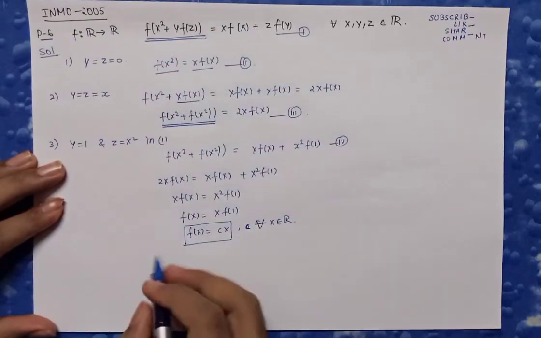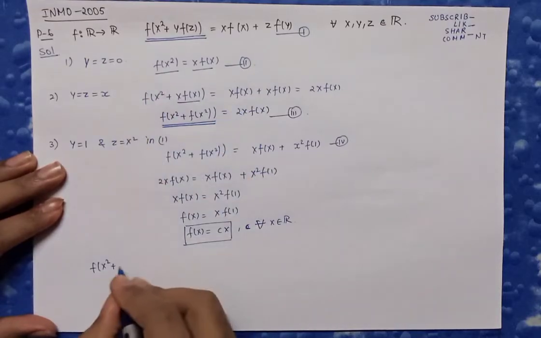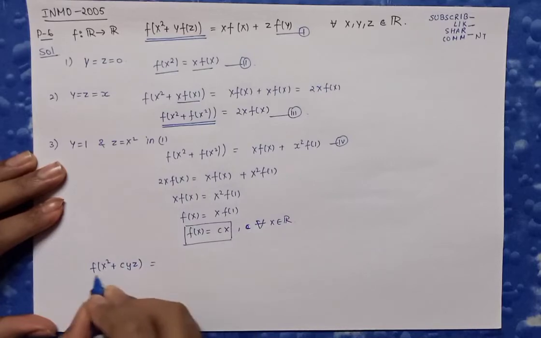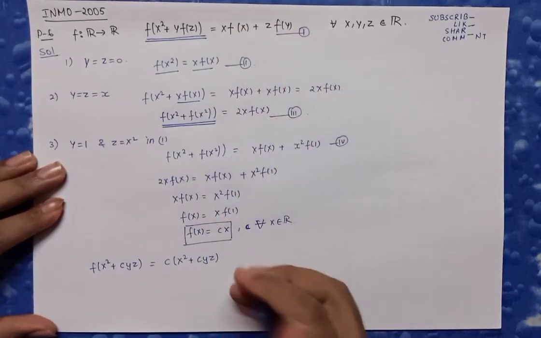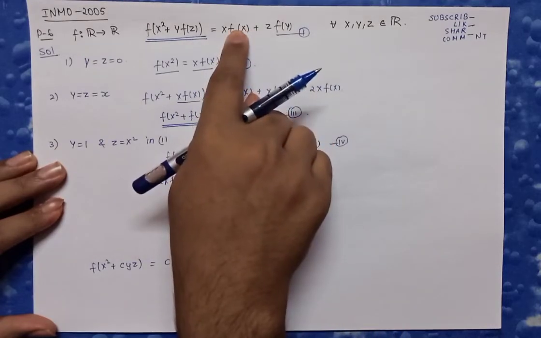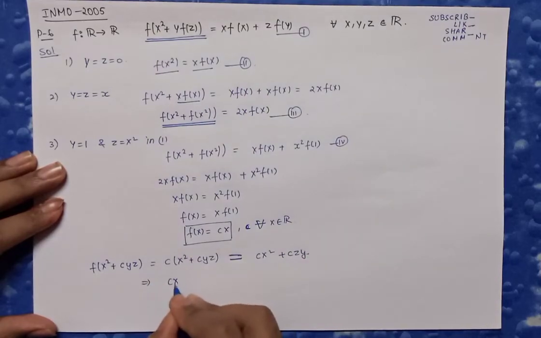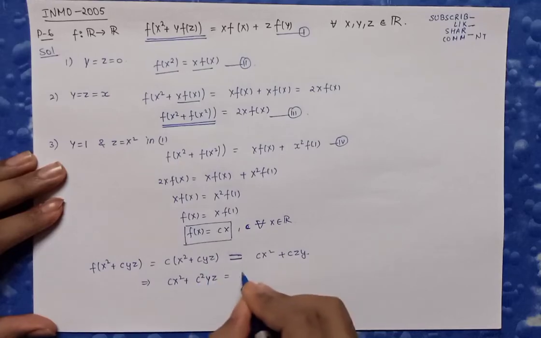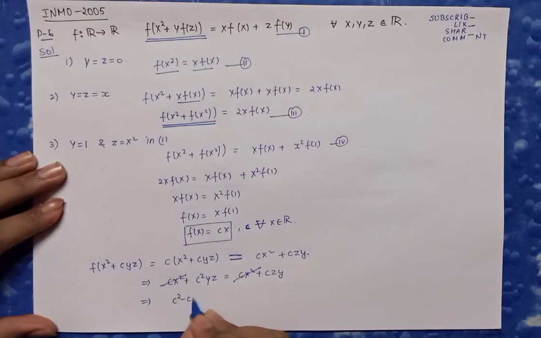Here f(x² + y f(z)) becomes c(x² + c y z) and the right side becomes c x² + c z y. Rewriting, c x² + c² y z = c x² + c z y. Subtracting, we get (c² − c) y z = 0, so c equals 0 or 1.